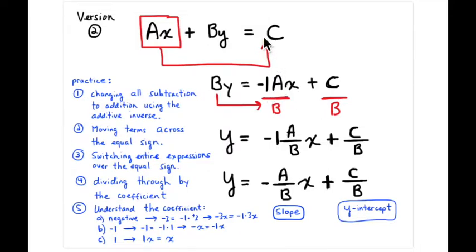So that ends up on this side. And then you have to get y by itself, you divide by this coefficient. The coefficient is b. So divide by that coefficient. So this term with the x variable, the coefficient, it becomes a negative a over b, which is the slope.